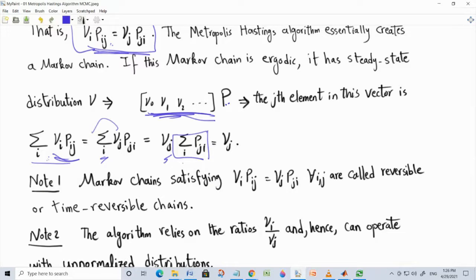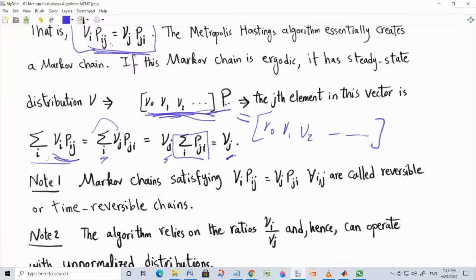And so that's the sum of the elements on the jth row in the transition probability matrix. And so that's 1. 1 multiplied by mu j, so it's mu j. So this means that this product here is equal to mu 0, mu 1, mu 2, and so on.